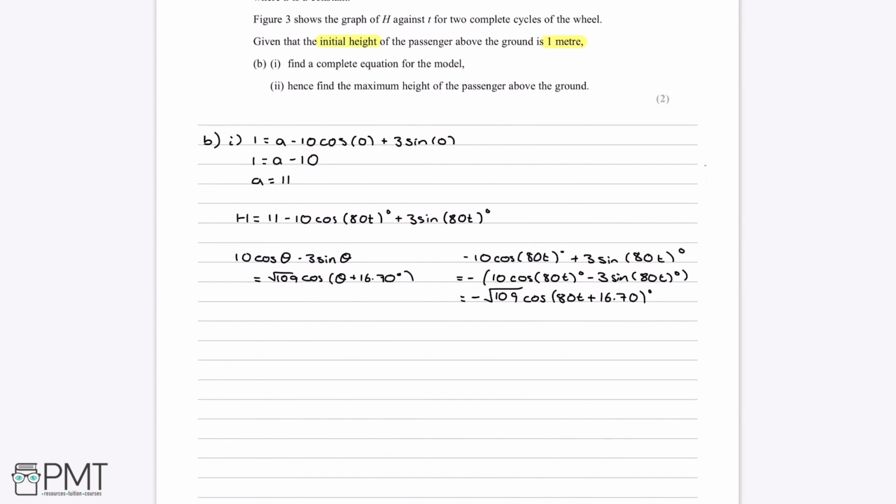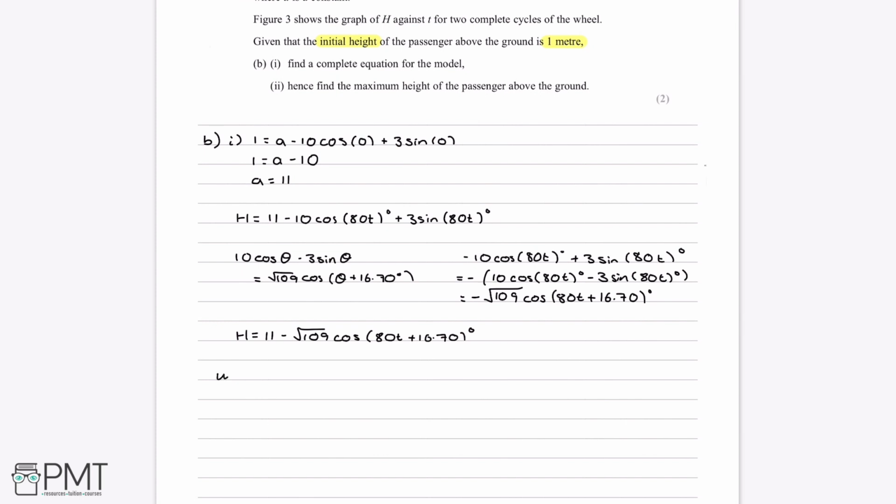And we can write that as exactly the same because of what we found in part A. So we could have stopped here, but we can also write the equation as h equals 11, which just comes through. We never did anything to the 11. So 11 take away root 109 cos of 80t plus 16.70 degrees. So that's another way that we can write the equation of the model.